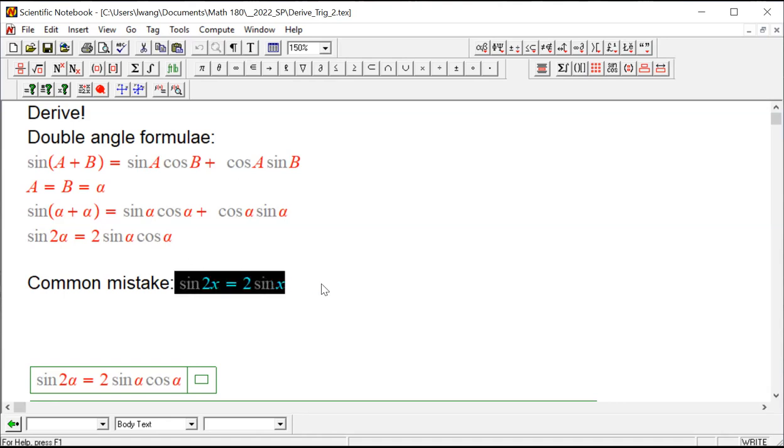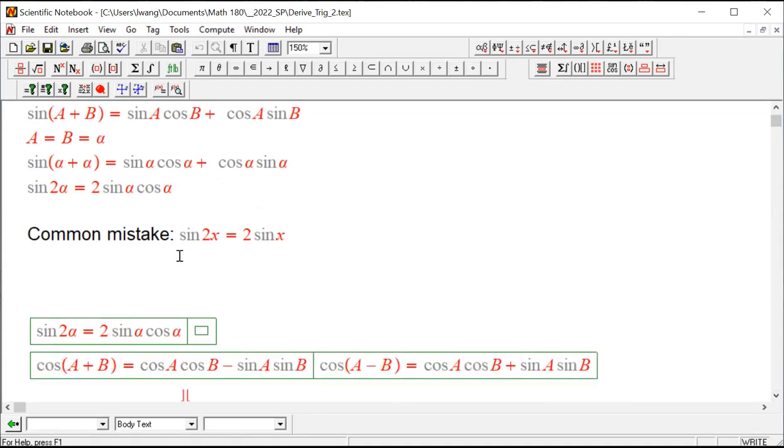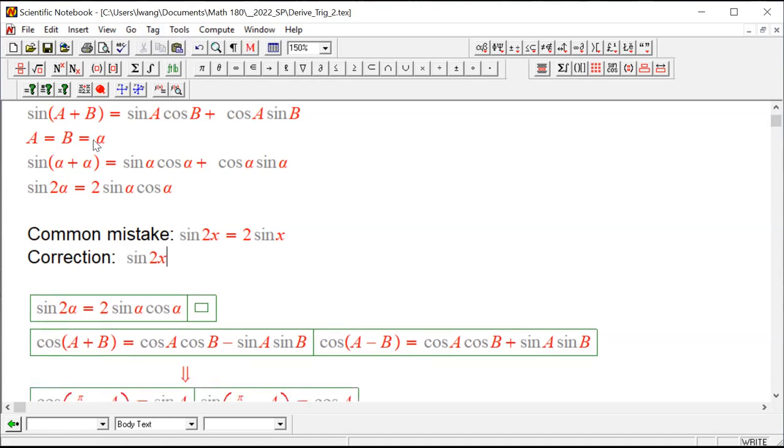This is a very bad mistake that was seen in calculus classes. So avoid that. The correct answer, of course, the correction, will be sine of 2x equals 2 times sine x multiplied by cosine x. It's as if we replace alpha with x. So that's the correction.